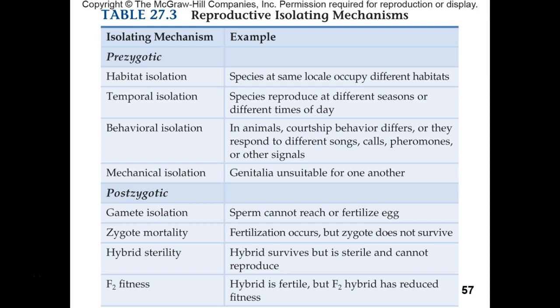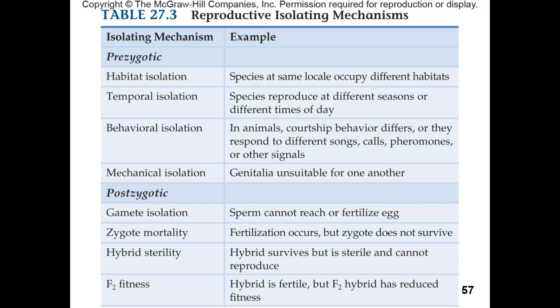Postzygotic isolation: the gametes can't reach each other. So sperm can't find the egg, or the sperm can't get to the egg. Or the zygote that is produced dies. As soon as fertilization occurs, the zygote doesn't have enough genes, or something happens, but the zygote can't survive.